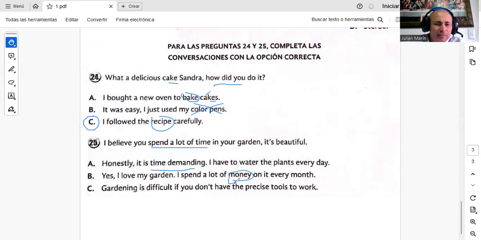So we can cancel B. And C, gardening is difficult if you don't have the precise tools to work. We haven't talked about tools, so we can also cancel C, leaving A as the only coherent possible correct answer to this statement or to continue this conversation.